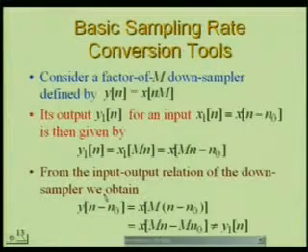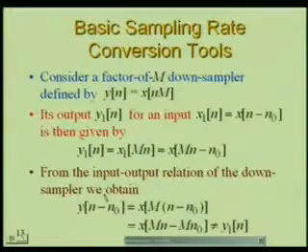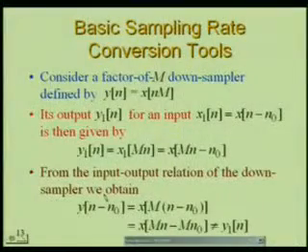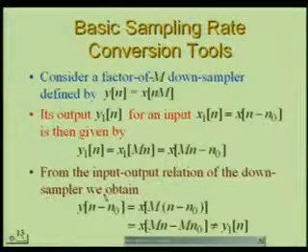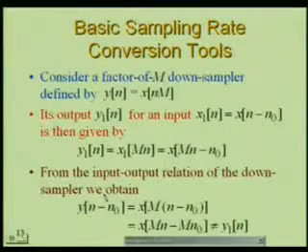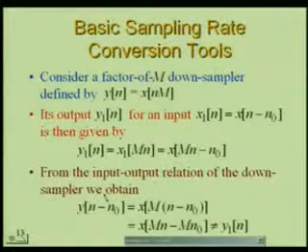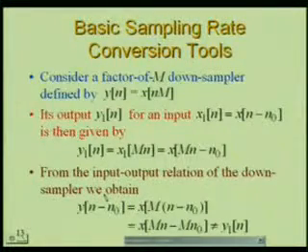M is an integer factor defined by y[n], the output sequence taken from the downsampler, equal to x[Mn]. Its output y1[n] for an input x1[n] equal to x[n minus n0] is then given by y1[n] equal to x1[Mn], equal to x[Mn minus n0].